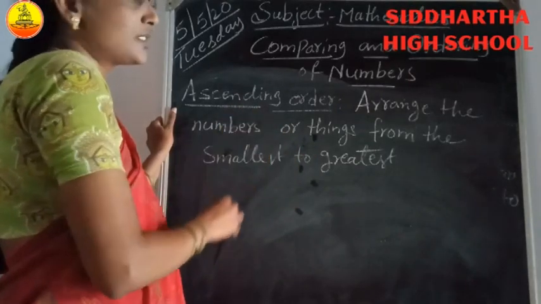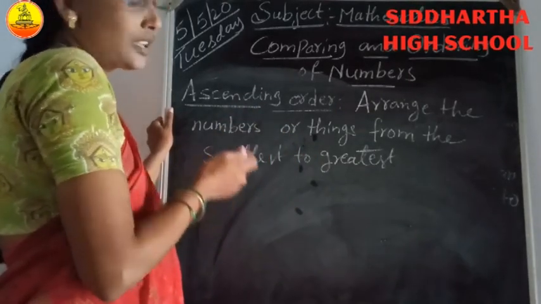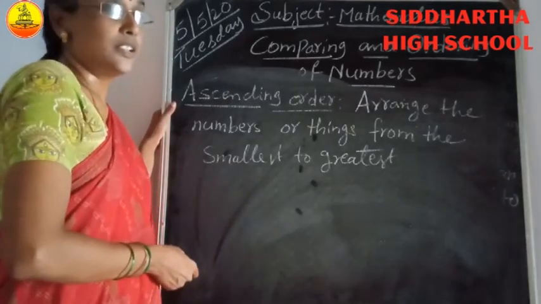Smallest to greatest. That one is called ascending order.